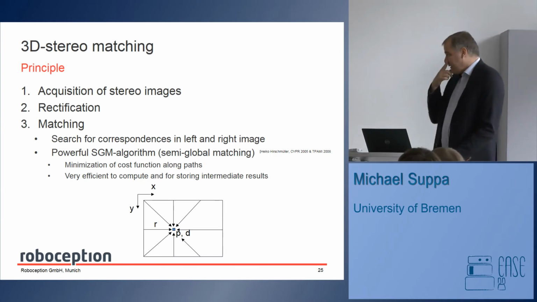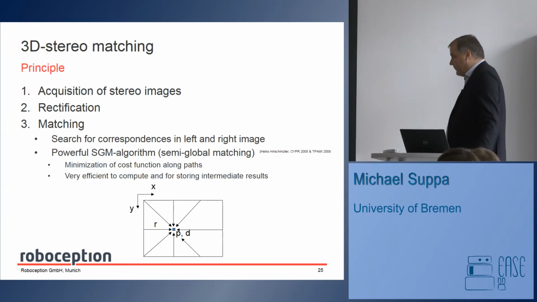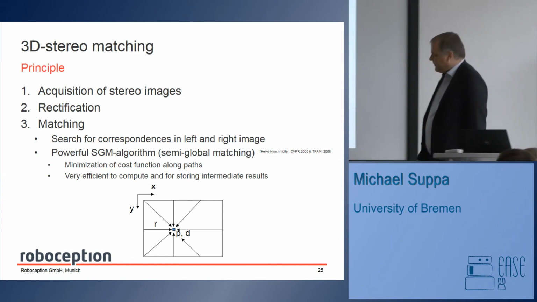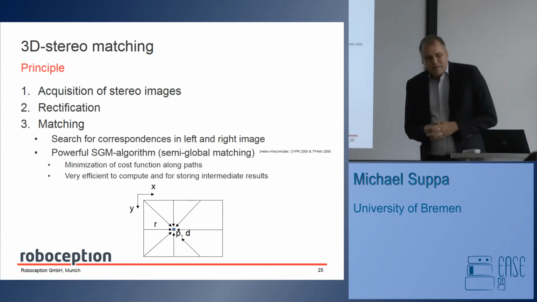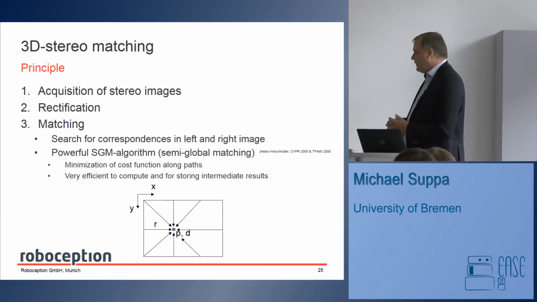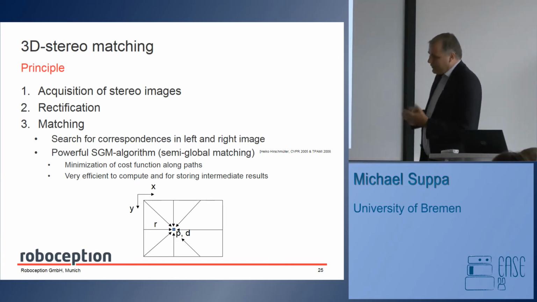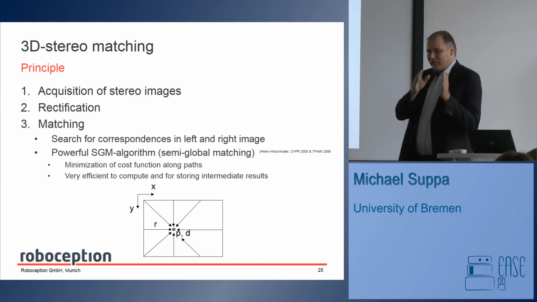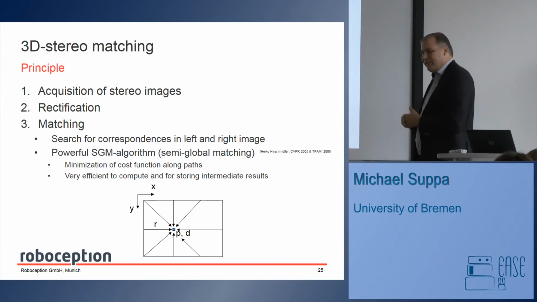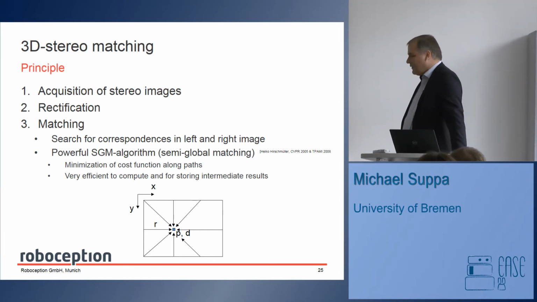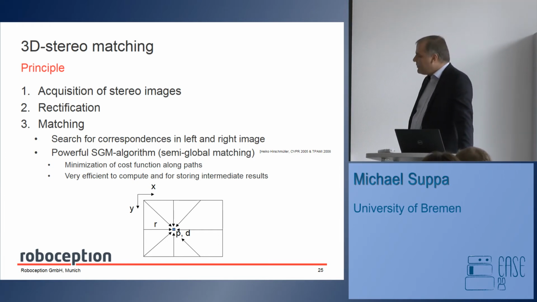What we are using is semi-global matching. That's very simply explained. It's a global optimization that works locally. You usually have global and local methods. Global methods always work on the full image. You can imagine that comparing images on a global basis is expensive in terms of computing cost, so that's not something you can usually do in a real-time application.